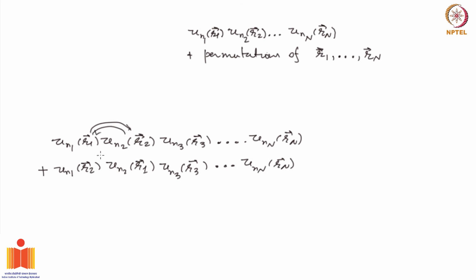If you add all the permutations, the state which you are going to get will be fully symmetric, and there are n factorial such permutations. So I normalize this state by dividing by 1 over square root of n factorial, and this is what I defined to be this. So these are your symmetrized eigenstates of the Hamiltonian.